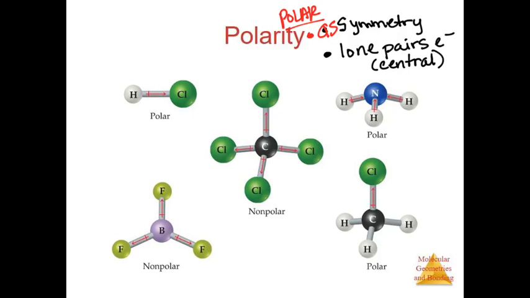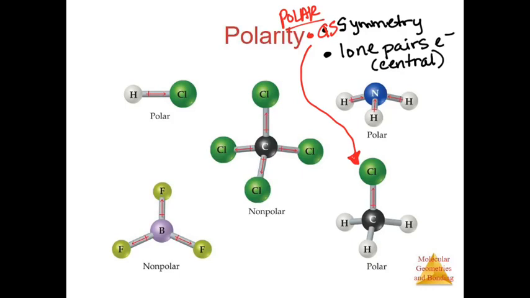So if your molecule as a whole is asymmetrical, and the example of that is right down here with your CH3Cl, if that other bond off a carbon would have been a fourth hydrogen instead of Cl, then it would have been symmetrical. But the chlorine itself throws the symmetry off of this particular molecule, making it polar.